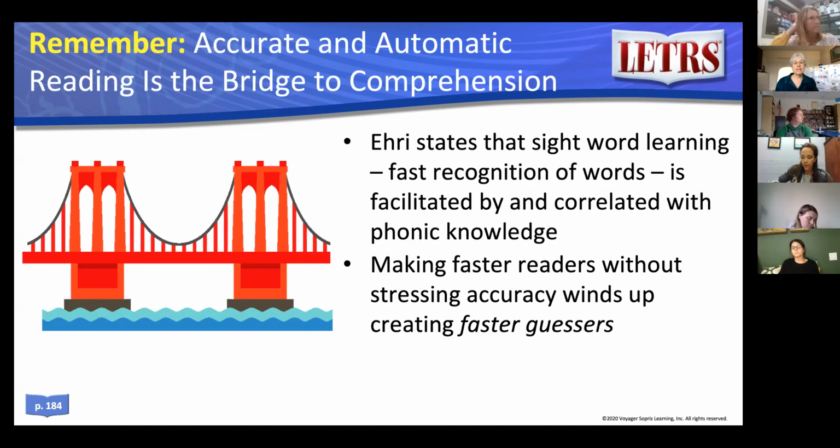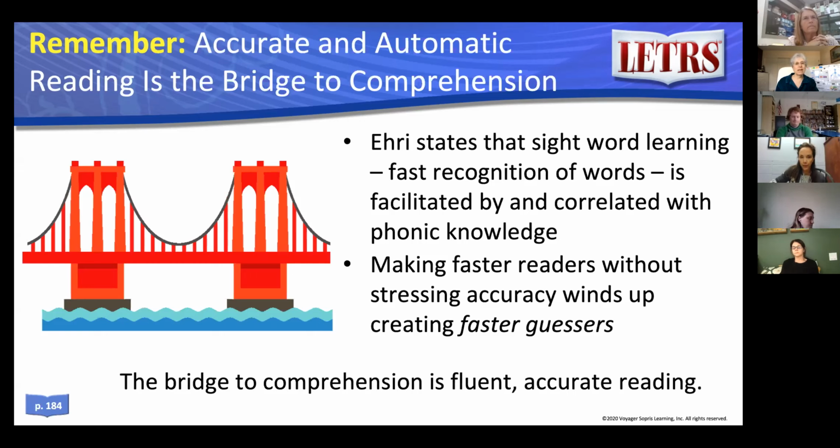And so the piece that I'm bringing to the forefront in our conversations, we have to find that balance, because it's not about making faster readers. Our first entry is accuracy. Because if we're thinking about speed being the primary focus, then our children become really good fast guessers, and they miss the whole integrity of what it is about reading.